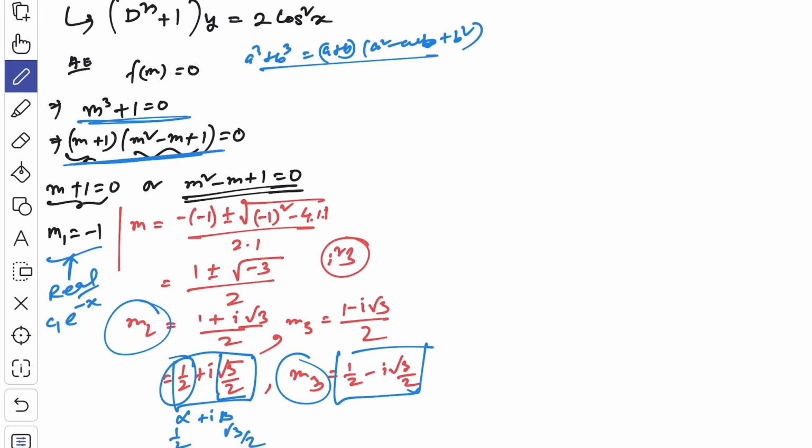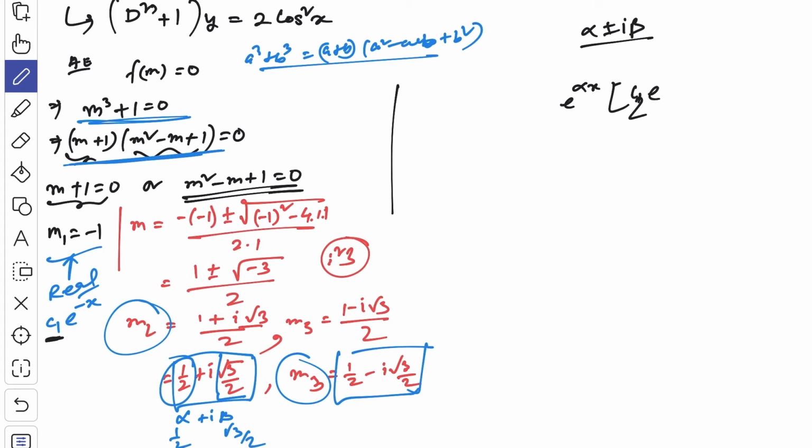So for complex conjugate roots, what should be the CF? For roots of the form alpha plus minus i beta, which are complex conjugate, the CF should be e to the power alpha x within brackets, C1 e to the power... We have already used C1 here, so let us take C2.